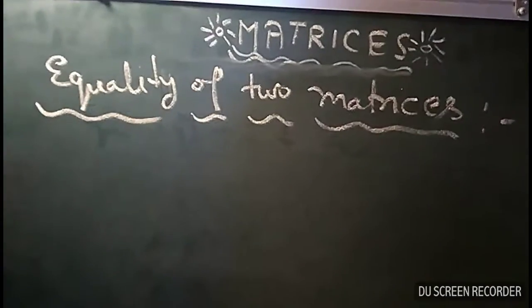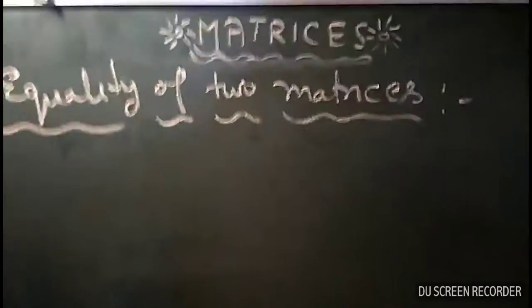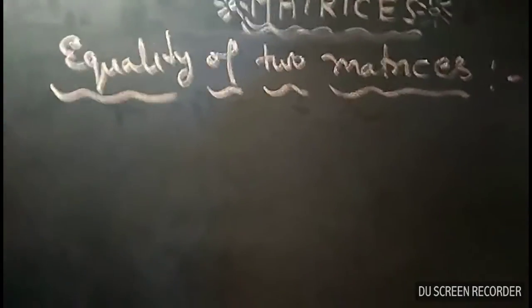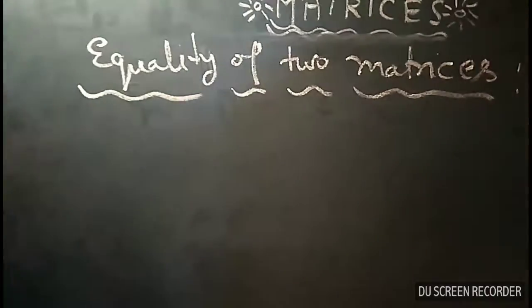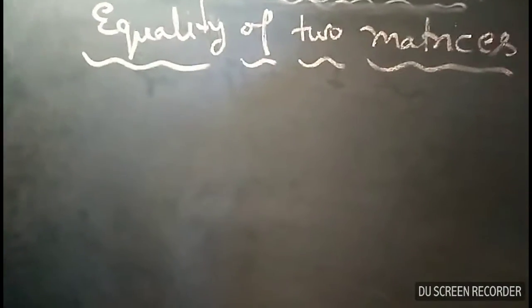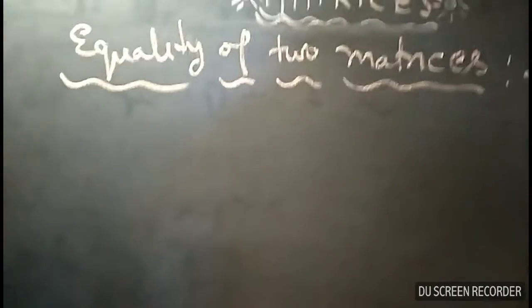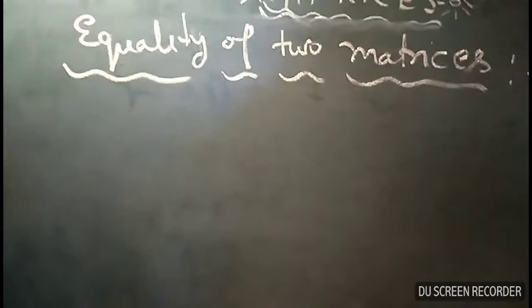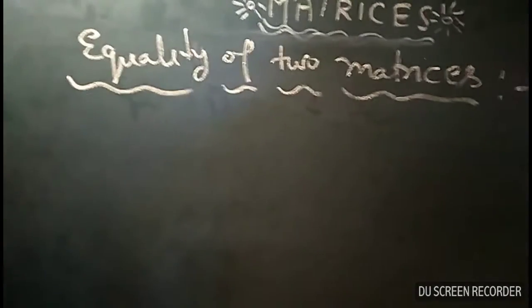Now we see when two matrices are equal, that is equality of two matrices. Here are two cases of the equality of matrices. The first one is that two matrices are comparable for equality if they are of the same order.